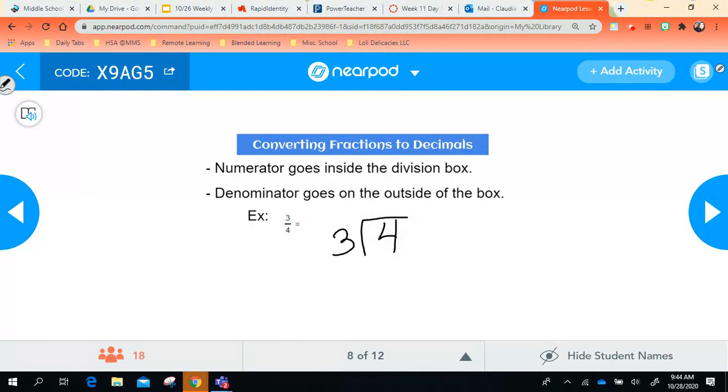Is this right? This is not correct. Just because 4 is bigger does not mean 4 goes on the inside. If this helps, top number goes in, bottom number goes out. In, out. I would write that down, not just stare at it on the screen.